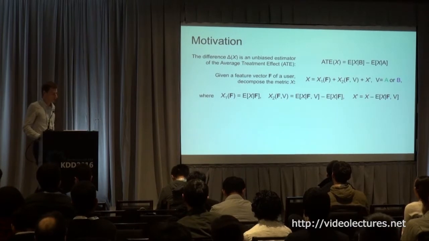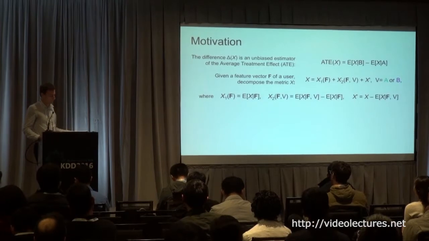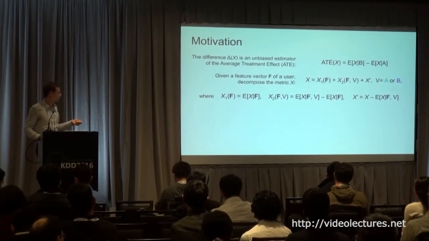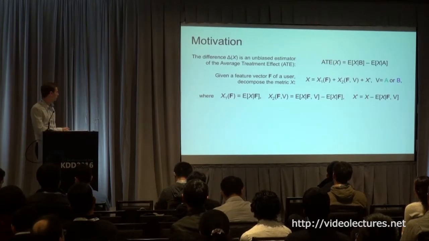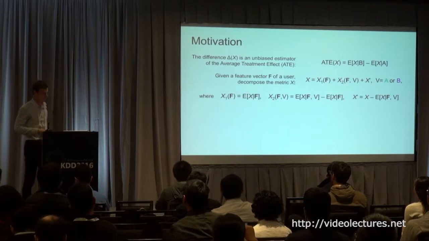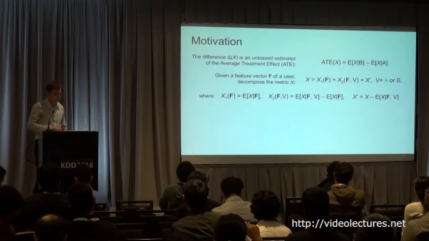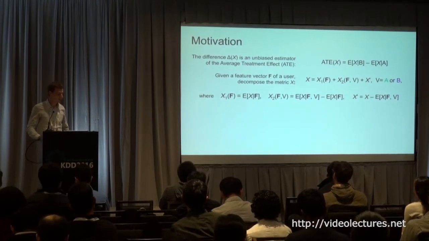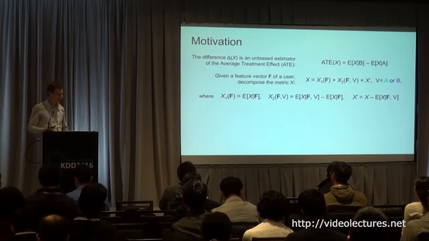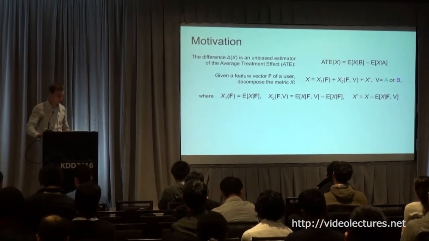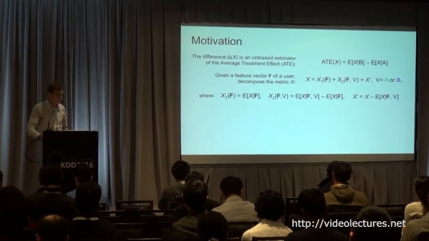The first term is the expectation of the key metric over users with the attributes f, this one. The second term is the expectation bias of the metric for users with a given assignment v. It is this term. And the last term is noise.